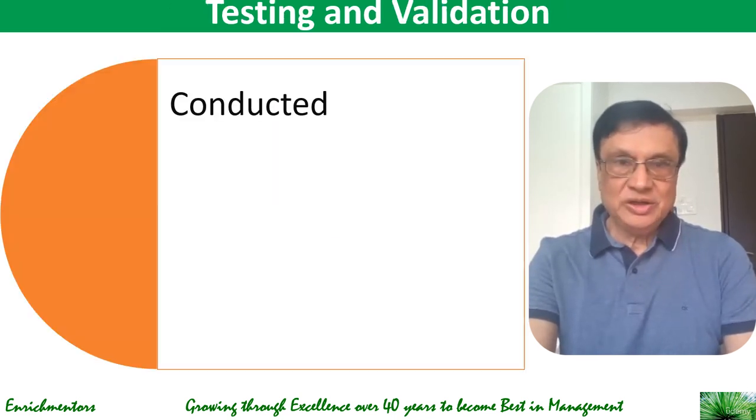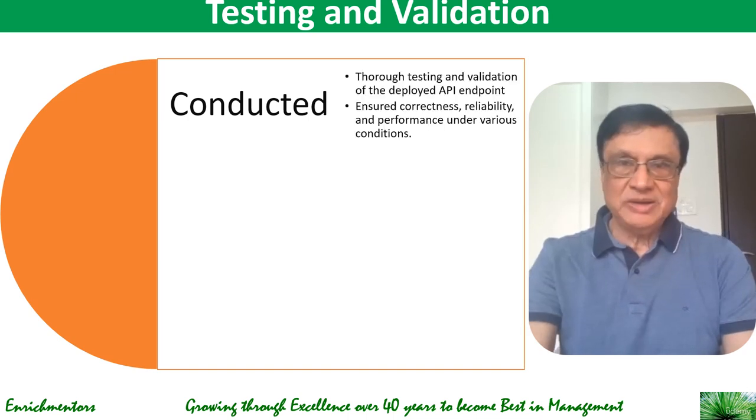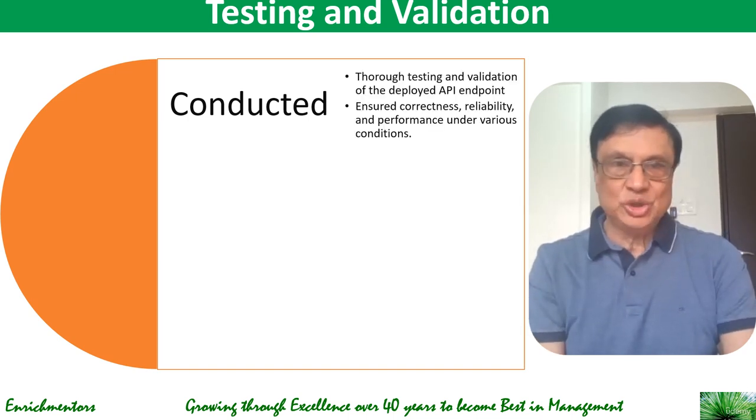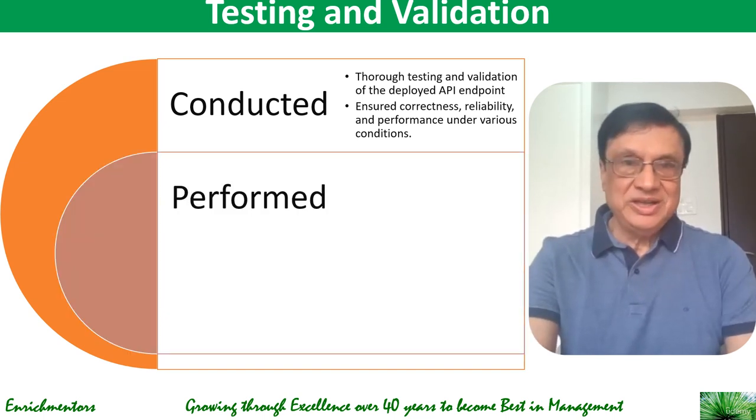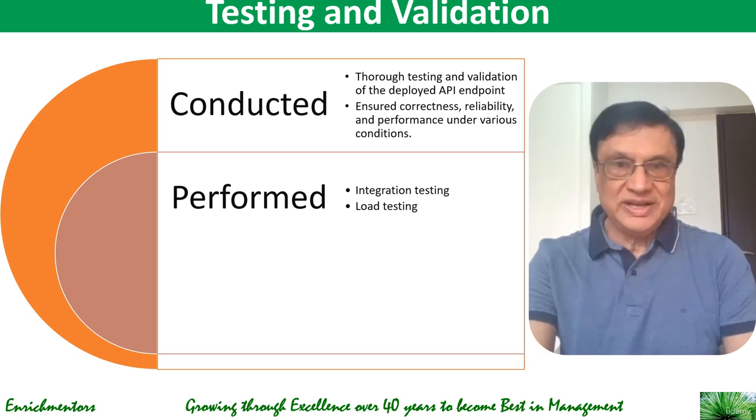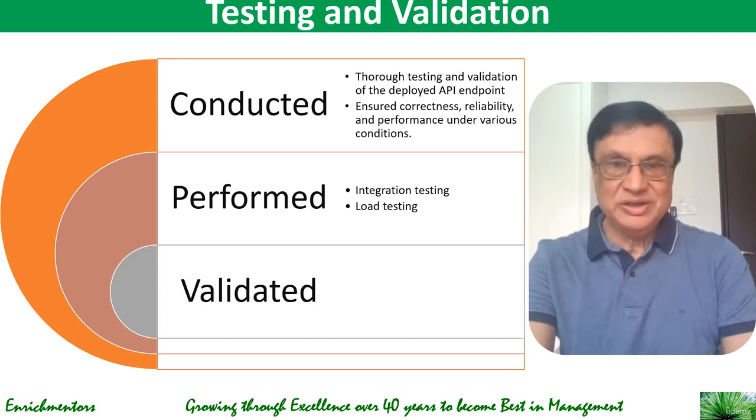They conducted thorough testing and validation of the deployed API endpoints to ensure correctness, reliability, and performance under various conditions, and performed integration testing and load testing to evaluate the performance of the API in the production environment.